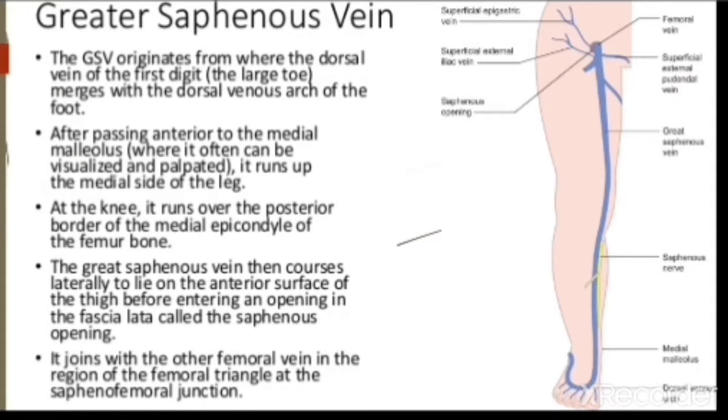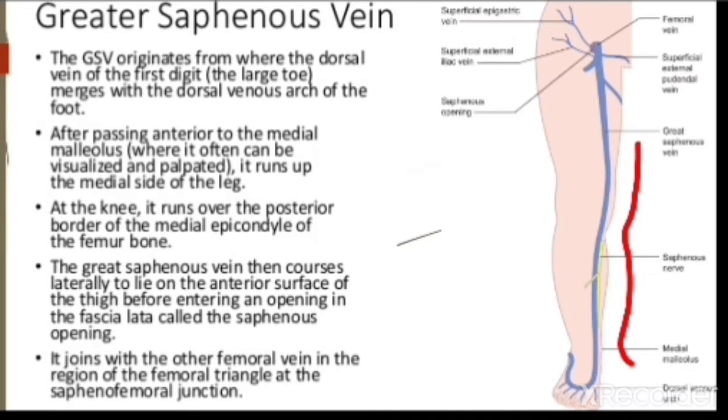This great saphenous vein originates from the dorsal venous arch on the dorsum of the foot. On the dorsum of the foot, here we can see the dorsal venous arch. The medial end of this dorsal venous arch forms the great saphenous vein. After passing anterior to the medial malleolus, it runs up the medial side of the leg.